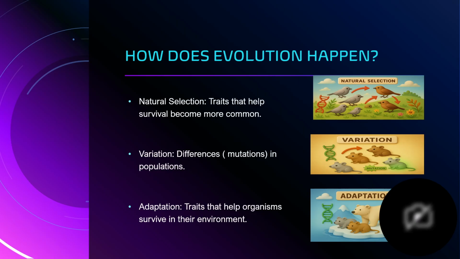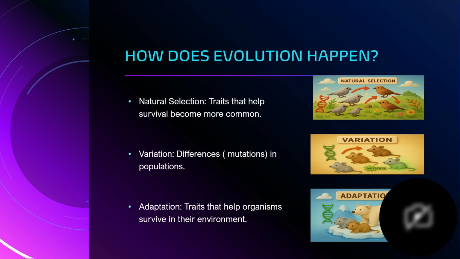For example, the weather is getting hotter or colder, or during the years there's a lack of food, so adaptation happens, or natural selection happens, meaning something happens in nature that makes me change my habits. Then during the years, the offspring will inherit this change.